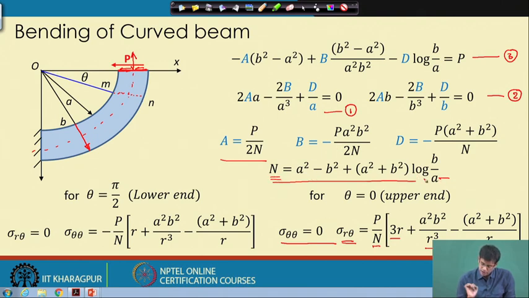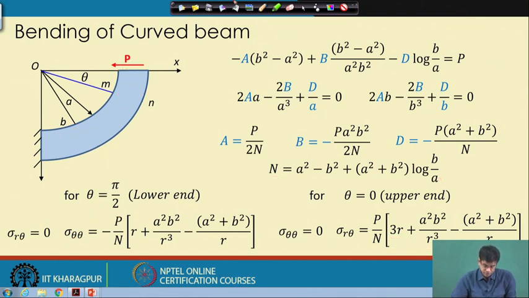Now see, in the lower end, on the contrary, where theta equals pi by 2, only the normal stress exists, but shear stress is 0. This can be easily verified from the stress expression that we have obtained.